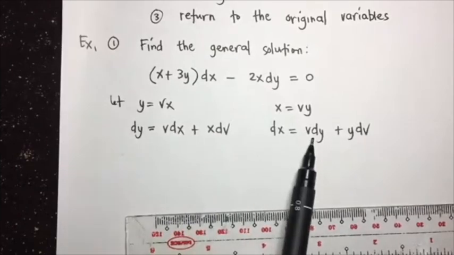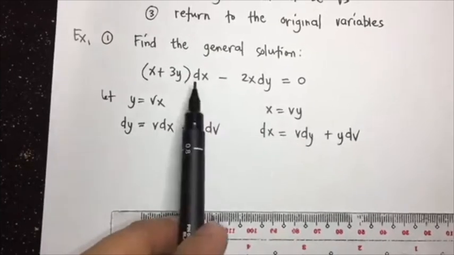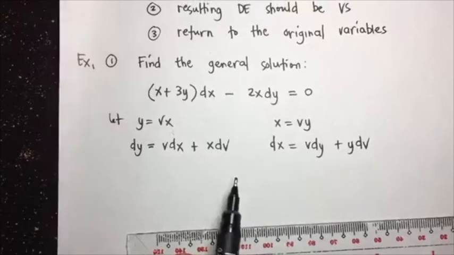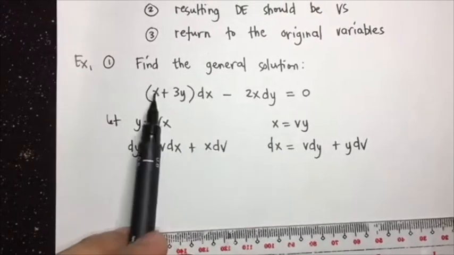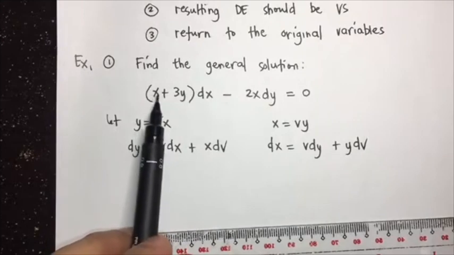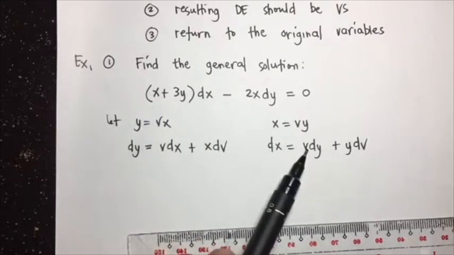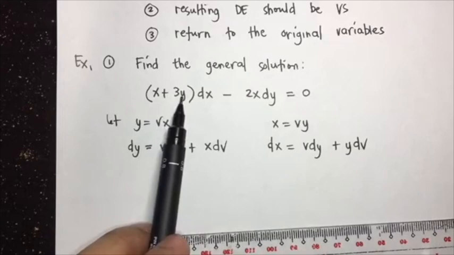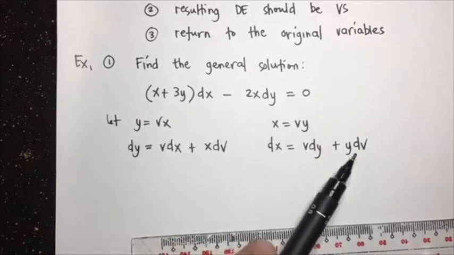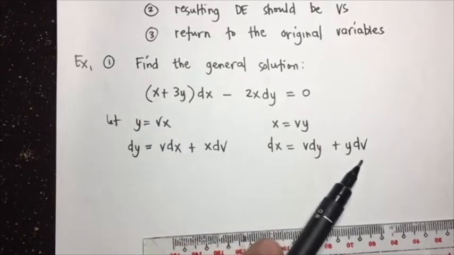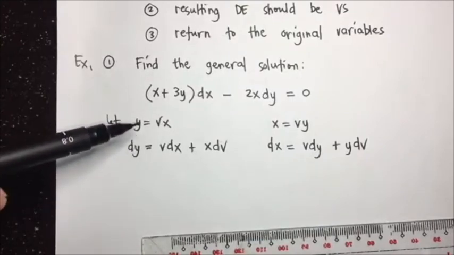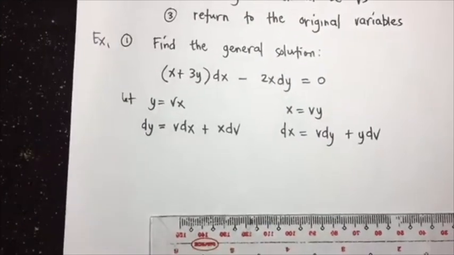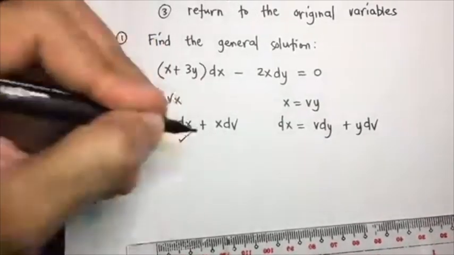On the other hand, if we substitute dx, the solution will be more difficult because we will distribute x to v dy and y dv, and also distribute 3y to v dy and y dv. Therefore, it's easier to use y equal to vx. So we will use this.